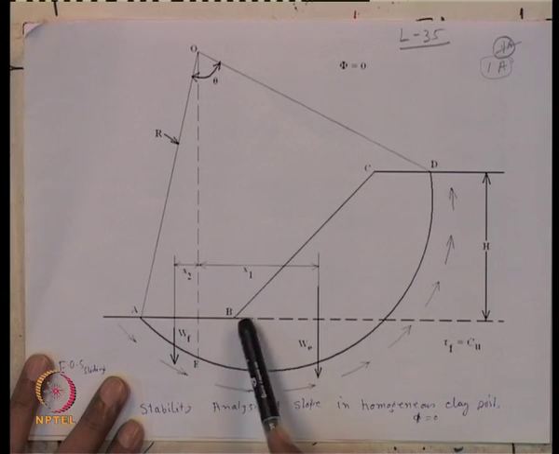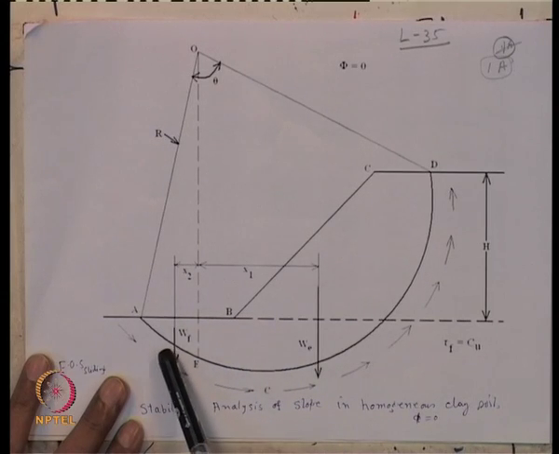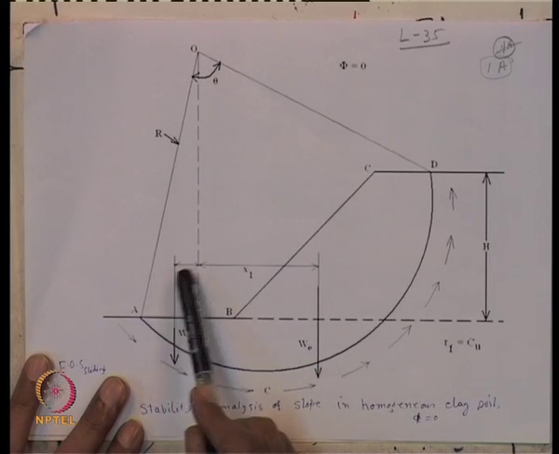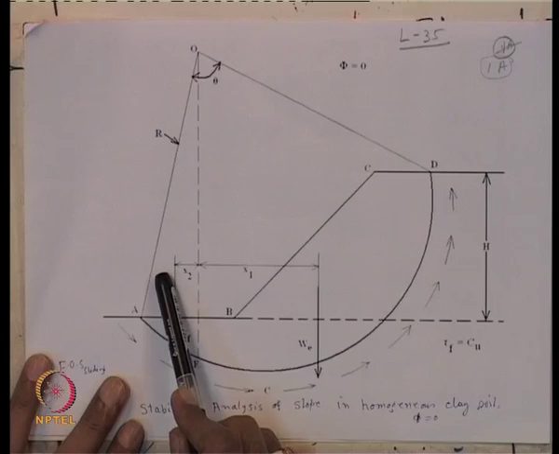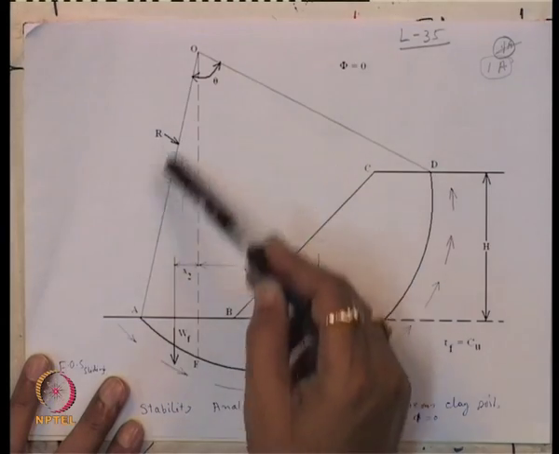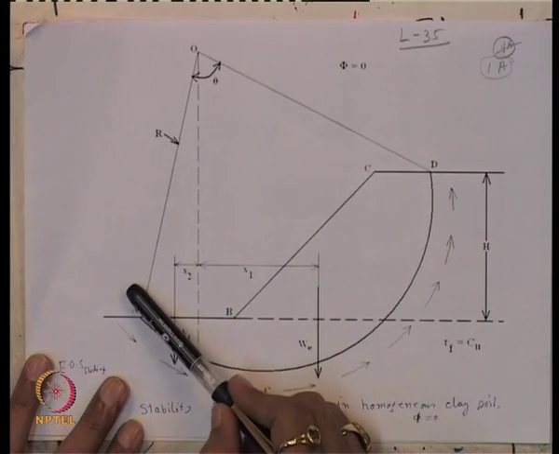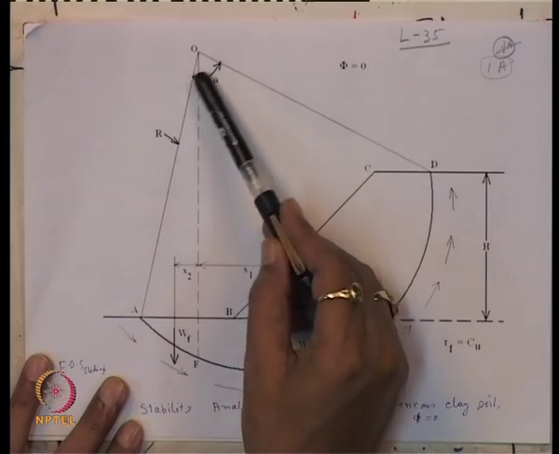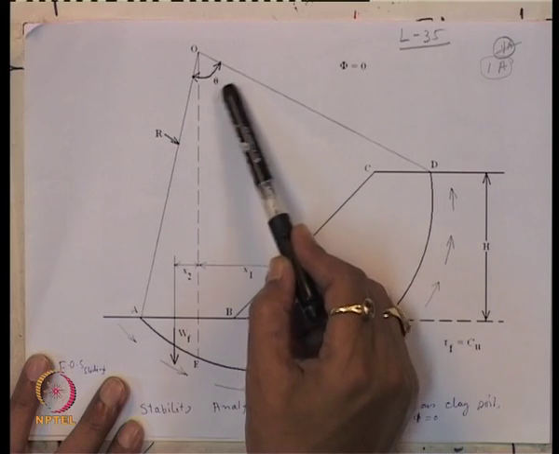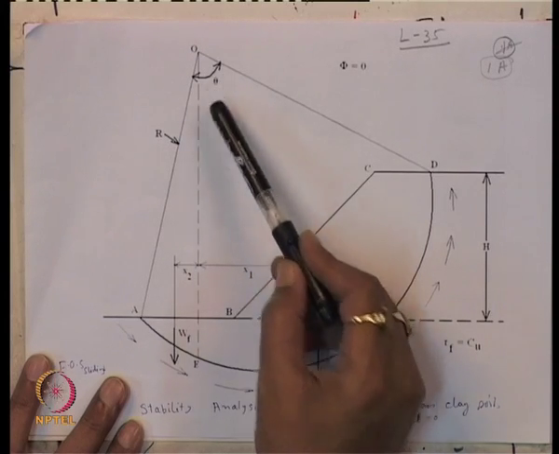failure zone at the left side of the central line, and x2 is the distance between the left side weight and the central line. As I said, r is the radius of the failure circle, and theta here is the angle subtended by the failure arc at the center of the circle.